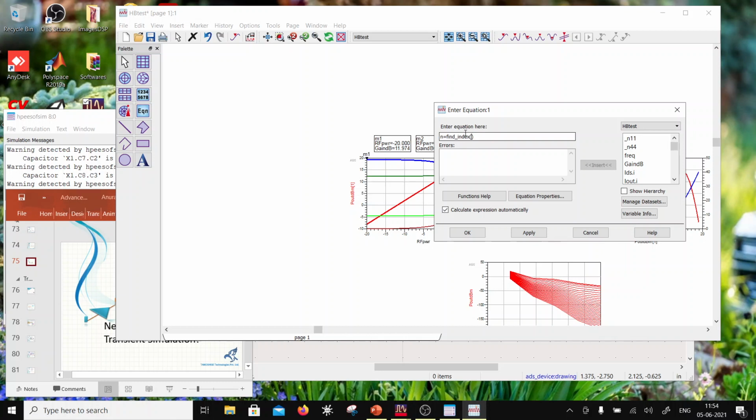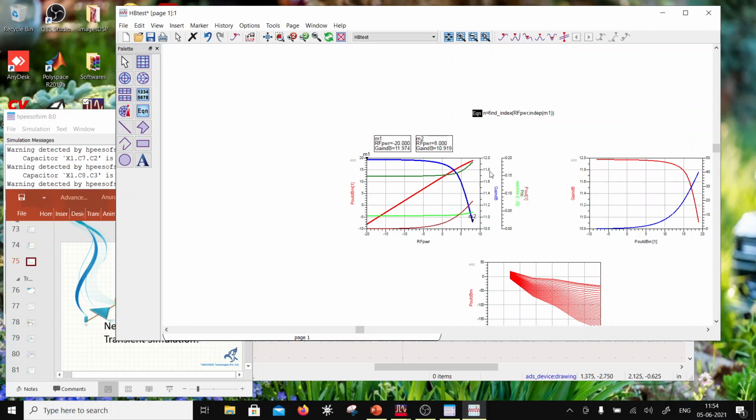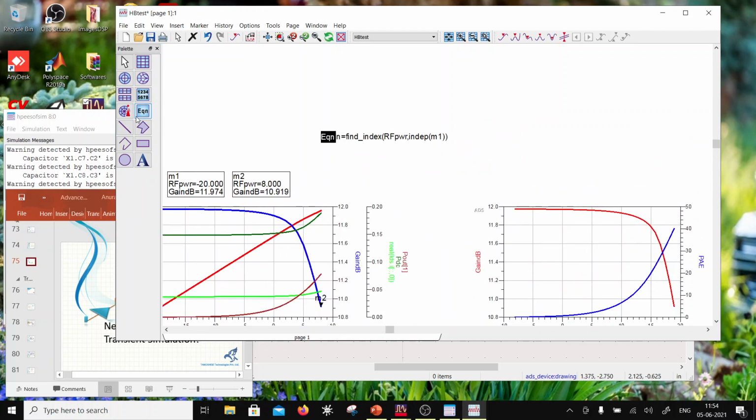The series here is going to be RF power, comma, and the independent of M1 is RF power, independent of M1. That's your RF power, am I right? Okay, so let's look at the index value.